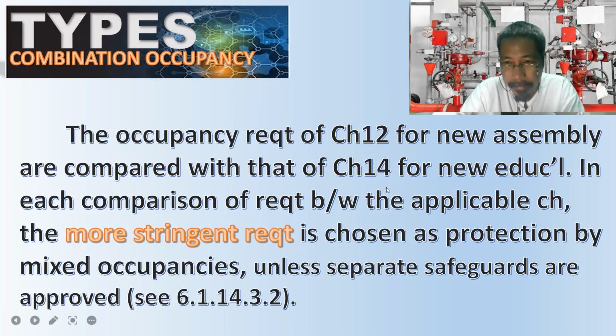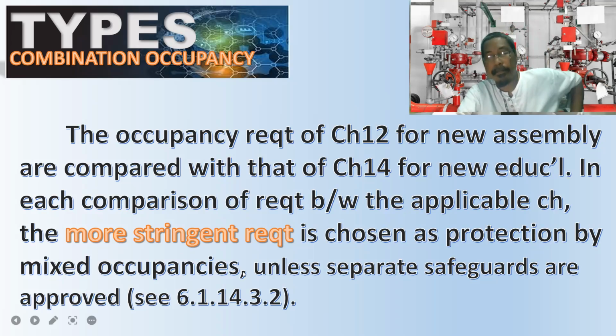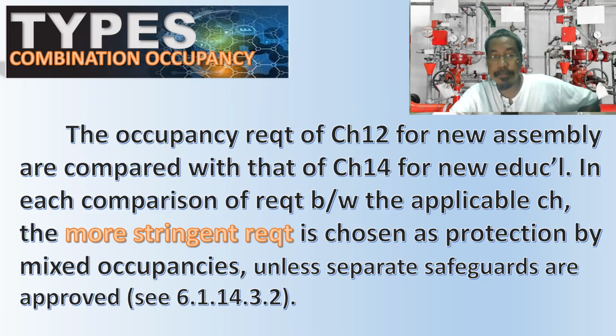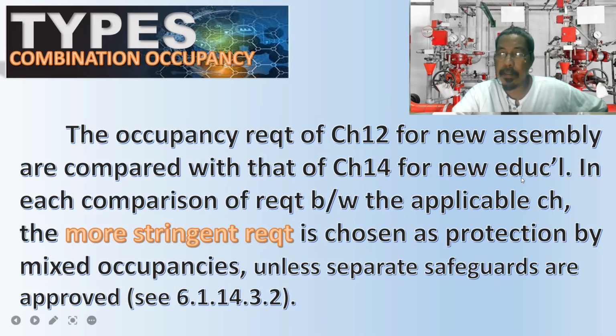In its comparison of requirement between the applicable chapters, the more stringent requirement is chosen as protection by mixed occupancies, unless separate safeguards are approved.